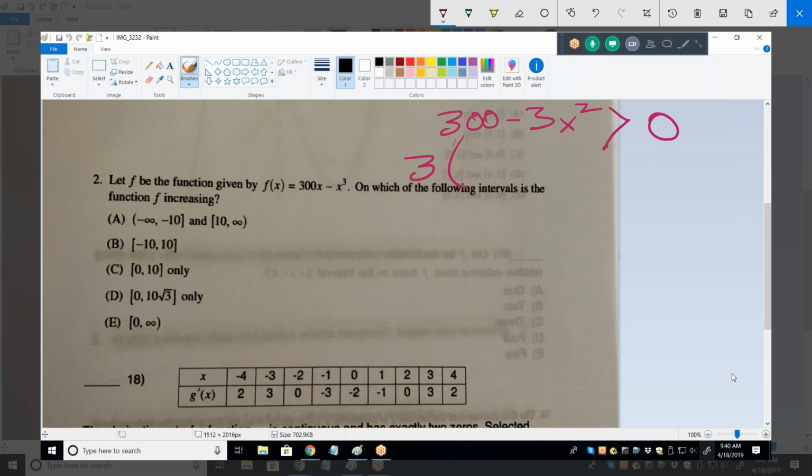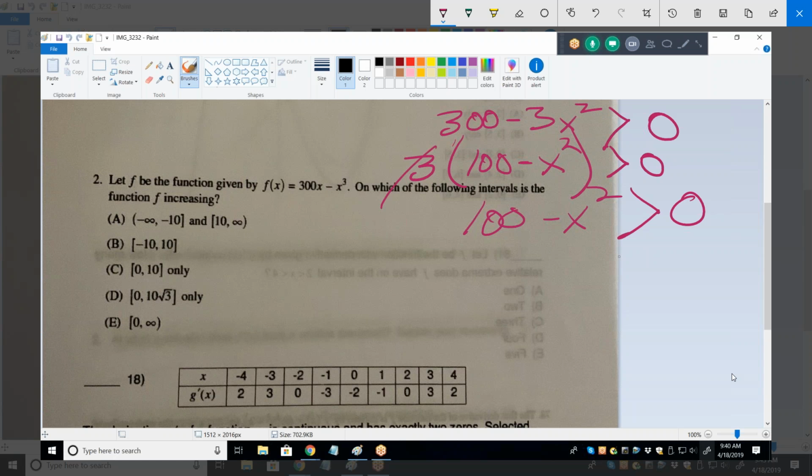So 3 times 100 minus x squared greater than 0. Which means 100 minus x squared has to be greater than 0. Right, because the 3 goes away. Divide both sides by 3, to get rid of it.